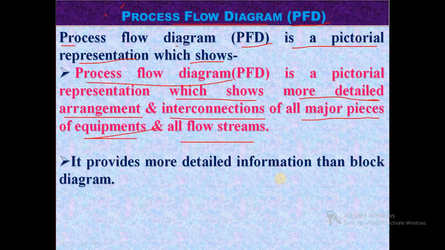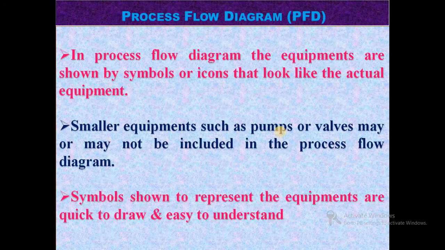So it provides more detailed information than a block diagram. As compared to a block diagram, the process flow diagram is superior, as it gives each and every step with detailed meaning. In a process flow diagram, the equipment is shown by symbols or icons that look like the actual equipment.